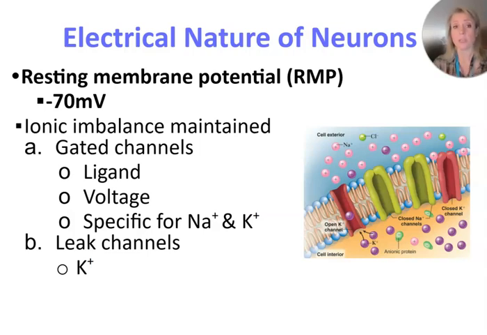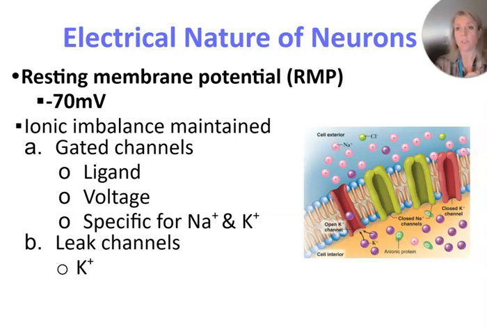In this case, what we're talking about is a neurotransmitter. So when a neurotransmitter binds to a neuron, it binds to a ligand-gated channel, and then it causes it to open up. Some of these gated channels are voltage-gated channels, where they don't respond to a molecule binding to it, but they respond to a change in the potential and the charge around that channel.